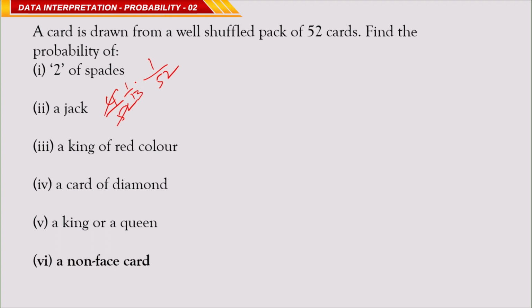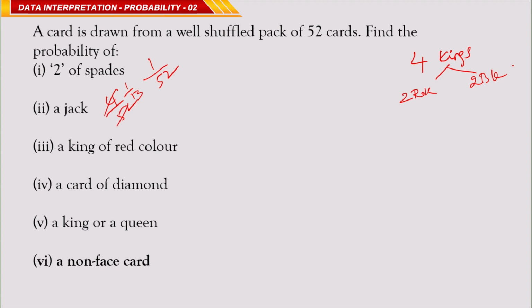Is it clear? Next, a king of red color. There are 4 kings. Among these 4 kings, 2 are red kings and 2 are black kings.